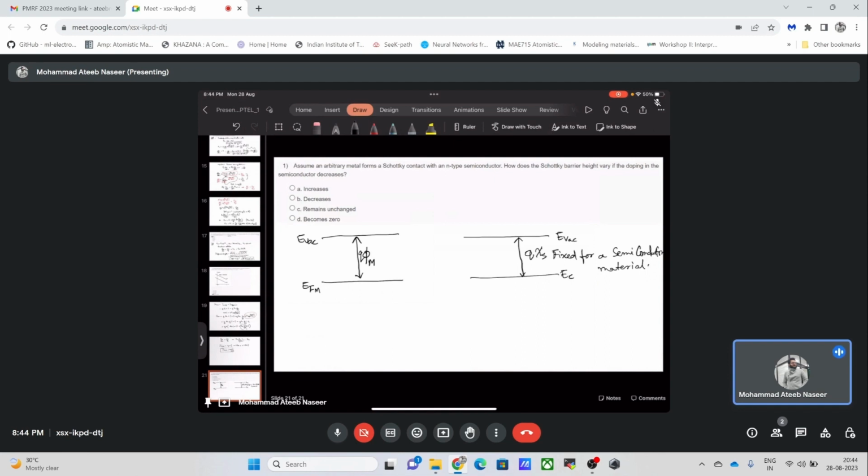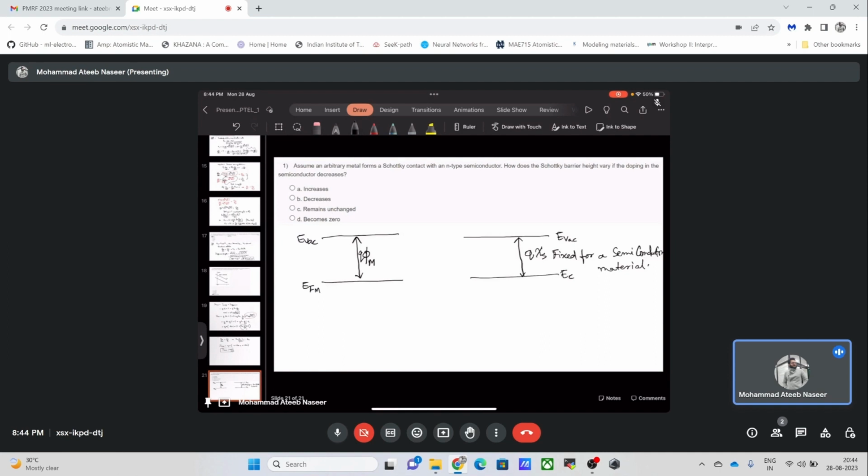If we are not stressing or straining it, we are not changing its lattice constants. So this chi s will remain the same for a particular material, unless we subject it to some strain or stress conditions, or change its lattice constants.